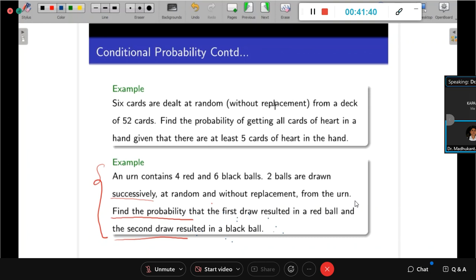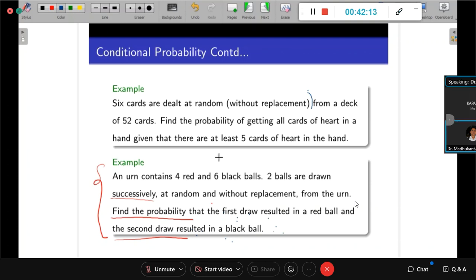Six cards are dealt at random from a deck of 52 cards. Yes, carry on, let me understand you. We didn't use the nCr method in the second question, but we used the same method in the first question. So why did we change the method?